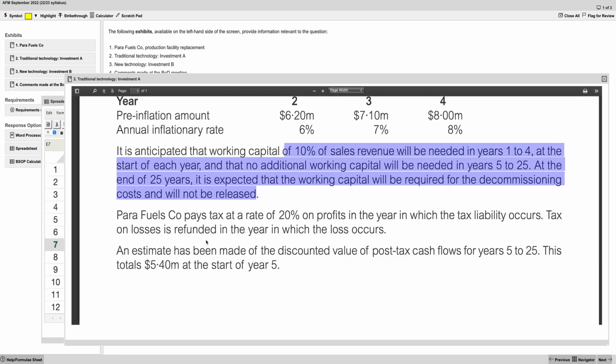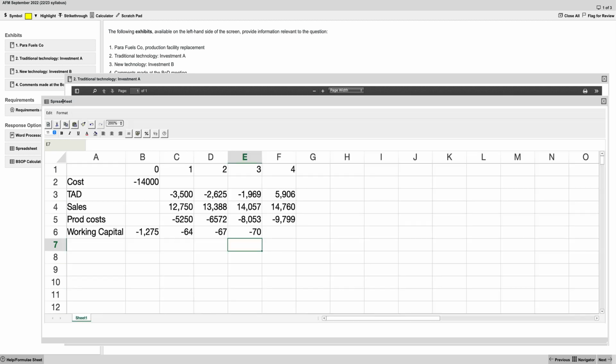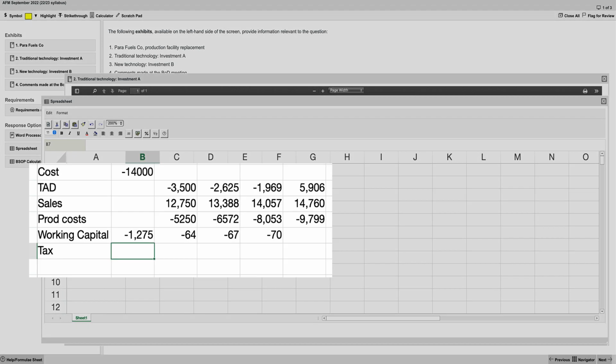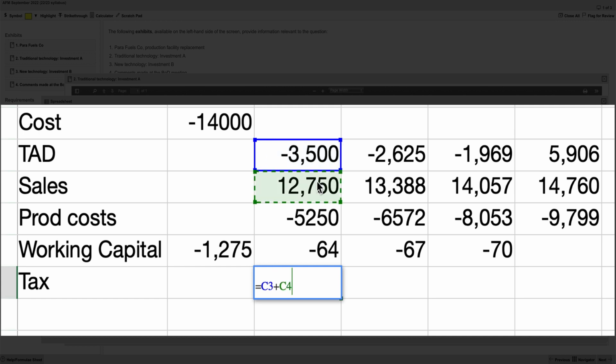Keep going then. They pay tax at 20% on profits in the year in which the tax liability occurs. So tax, work that out then. Be careful here. You don't get taxed on costs or working capital. So tax would be, yes, I'd take into account tax allowable depreciation. Yes, I'd take into account sales.